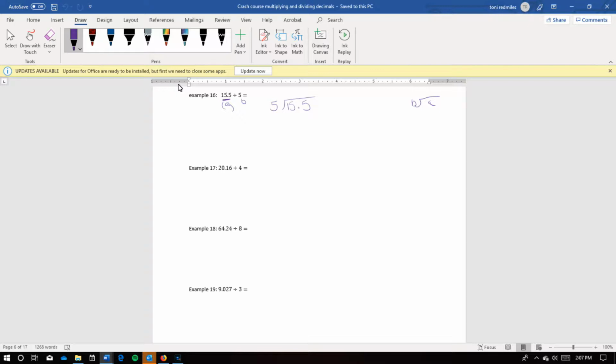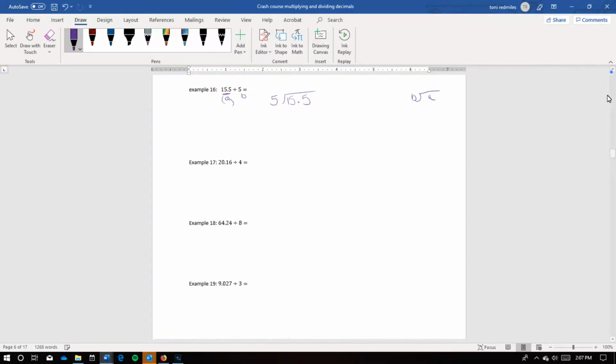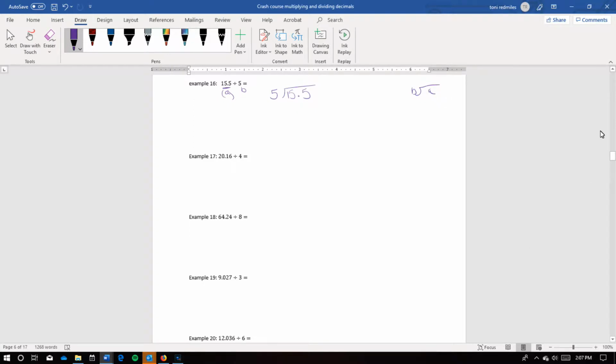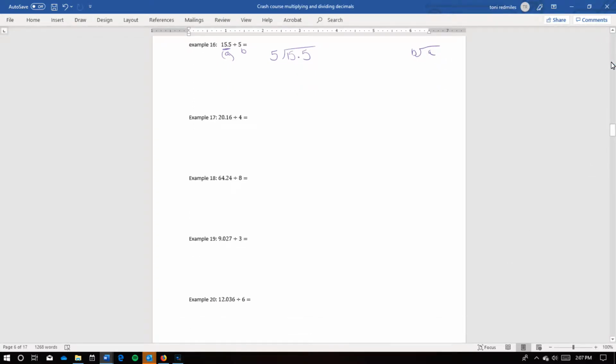We could multiply both of these numbers by 10 in order to get the decimal out of the first number, but it's not necessary. Let me give us some more room to look at this. As long as this does not have a decimal, we can start multiplying through.